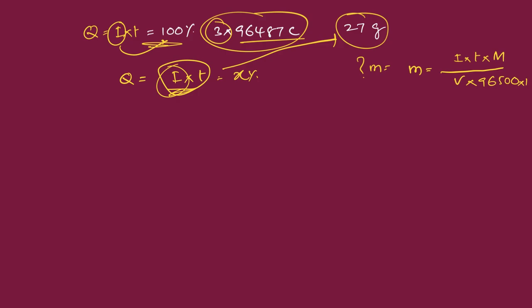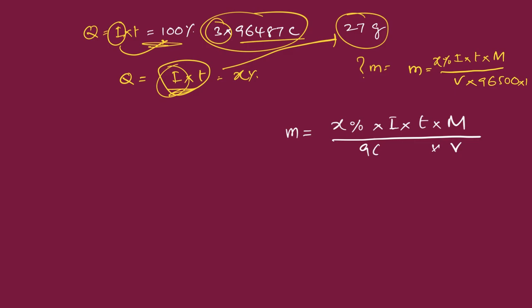They will give it in the question, an X percentage, and we have to put it as a fraction. Therefore, the formula will be X percentage into I into T into molar mass divided by its valency and 96,500 coulomb.